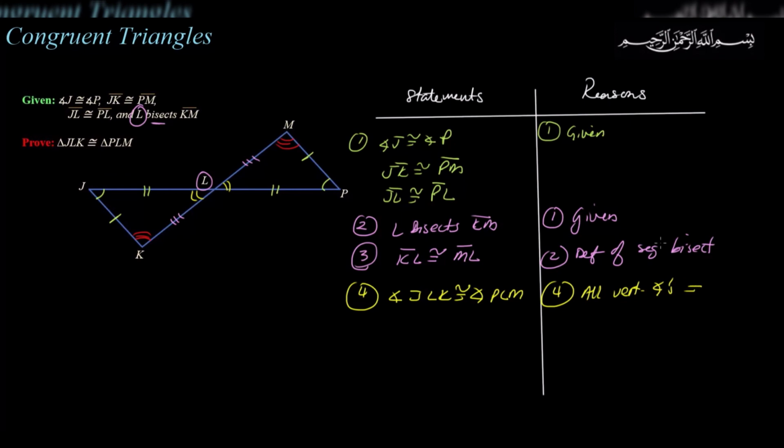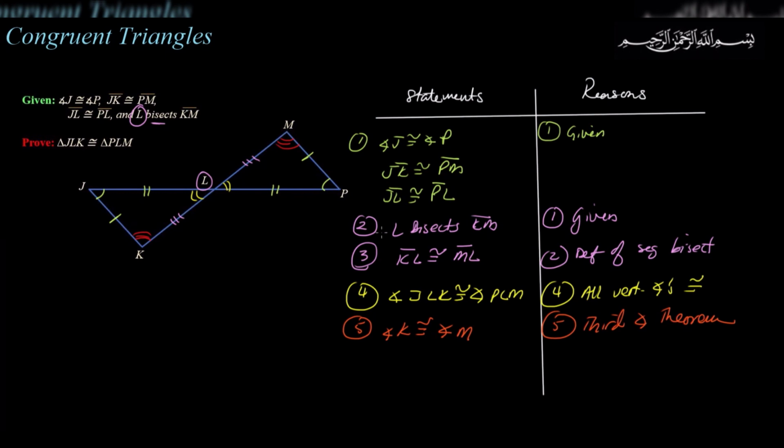You got to know these theorems, right? All vertical angles are congruent. And then I used the third angle theorem, right? So I can say that over here. So angle K is congruent to angle M, and that was because of the third angle theorem. That is, if two angles of a triangle are congruent to two angles of a second triangle, then the third angles are congruent.